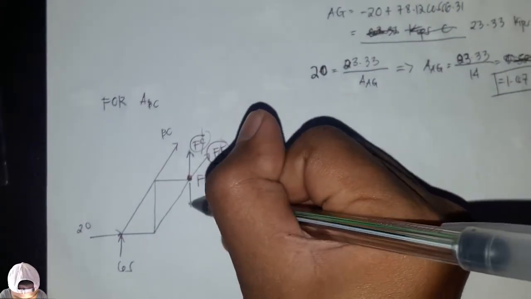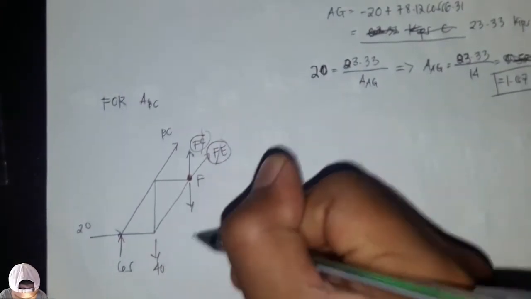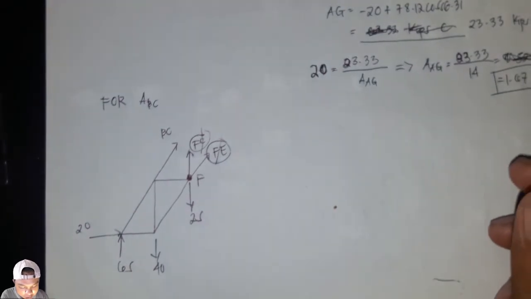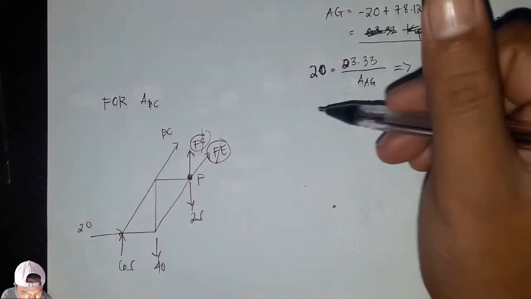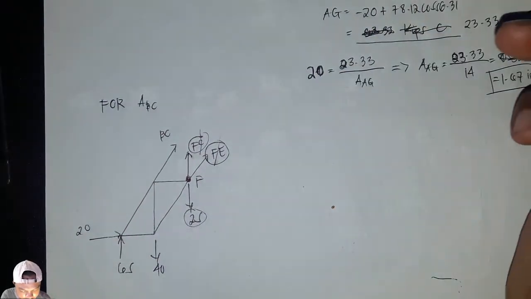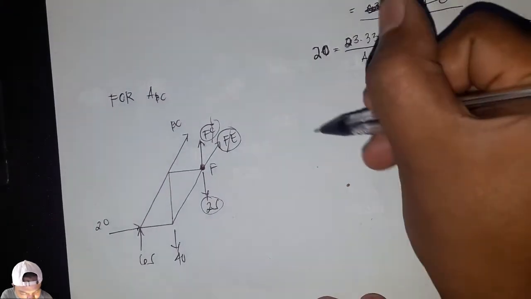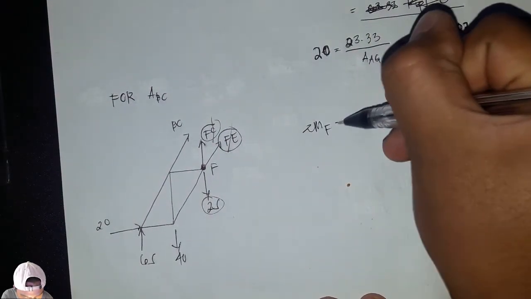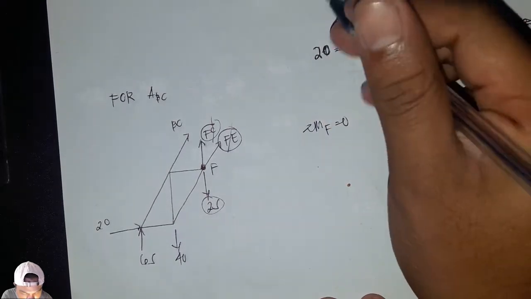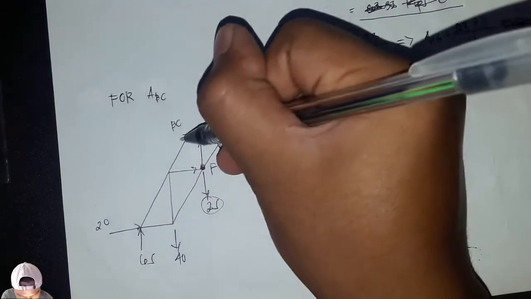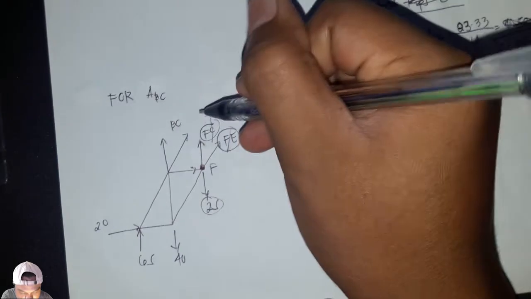So meaning 0, 0 na yun silang dalawa kasi dito sila directly sa point na to. So meron pa palang forces dito, 40 and 25. So yun. So 0 din yung 25 natin. So summation moment at F equals to 0. Meron tayong BC, components ng BC.